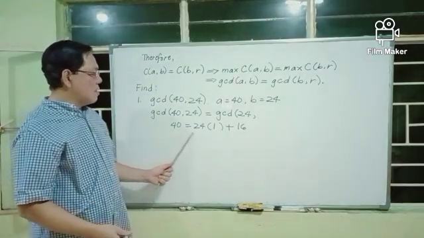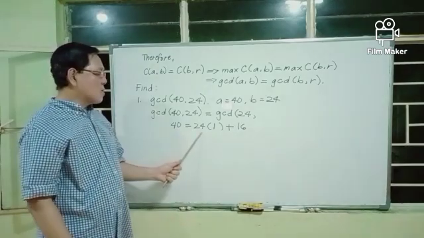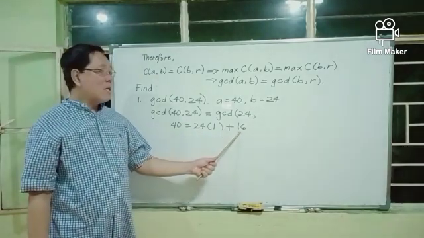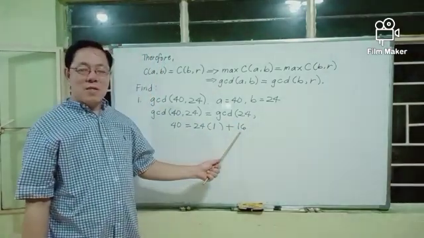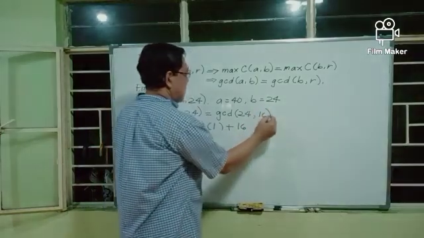Now this is the form A equals B times Q plus R. Therefore, our R in this notation is 16, the remainder.